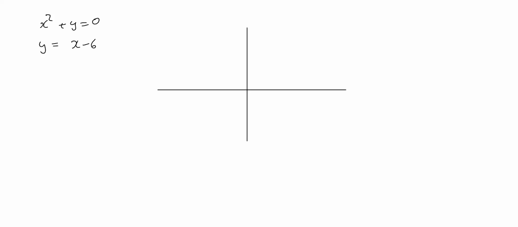A quadratic, of course, is a parabola and will look something like this. A linear equation is a line and will look something like this.